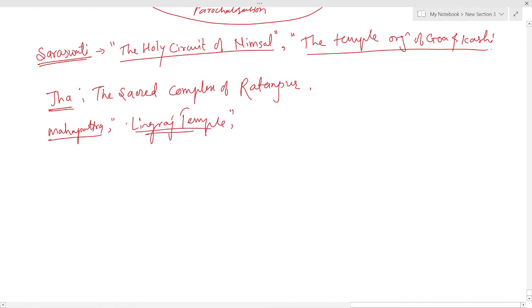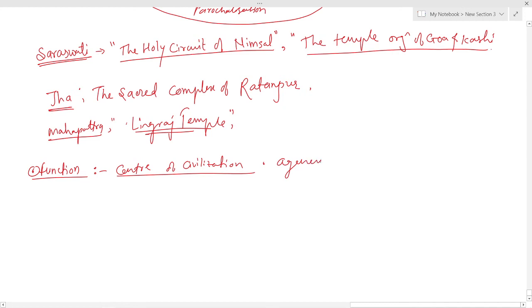Now, what is basically the function of the sacred complexes? First, a very important function of the sacred complex is that it is the center of civilization. Second, they act as an agency of diffusion.